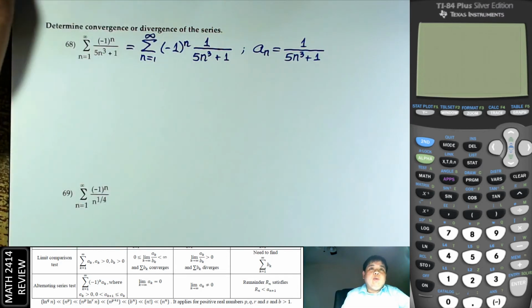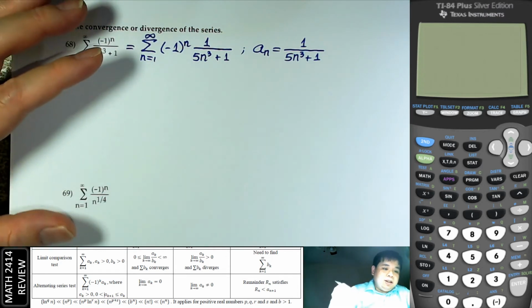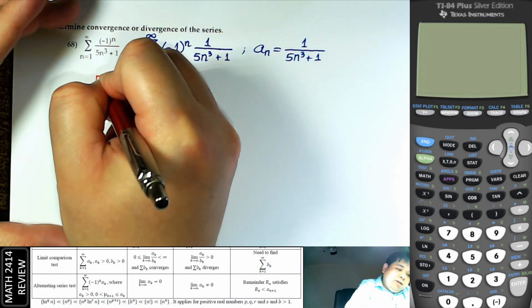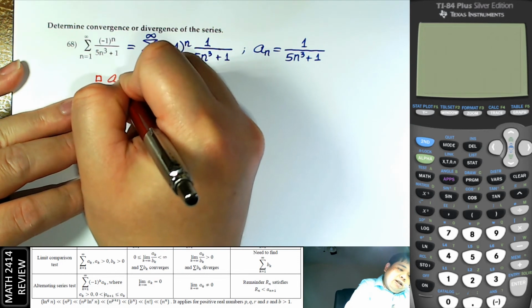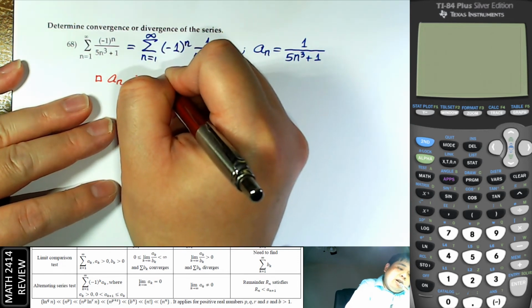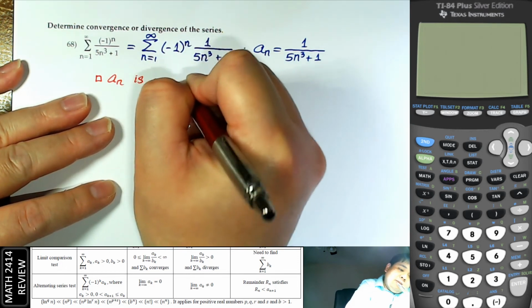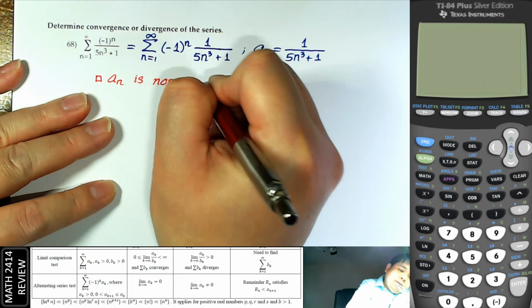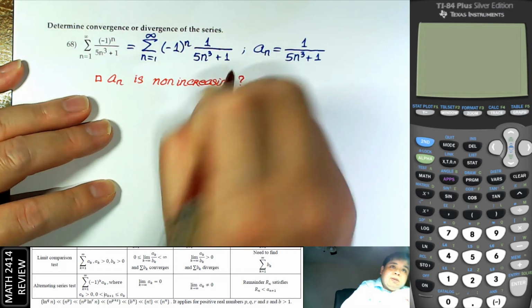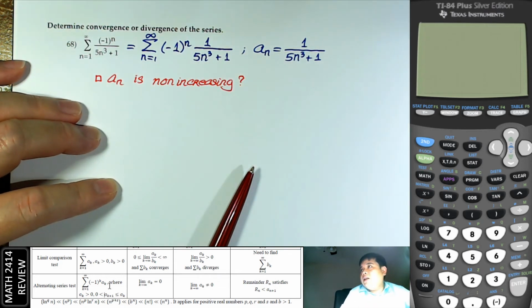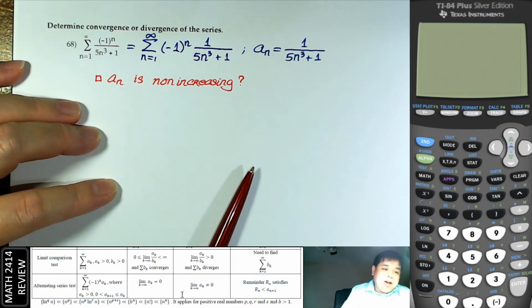Right. Now we're going to check two things for the alternating series test. The first one is that a sub n is decreasing or non-increasing. I'm going to write that as two different things. One meaning is non-increasing, and the other is that the n-th term goes to 0.